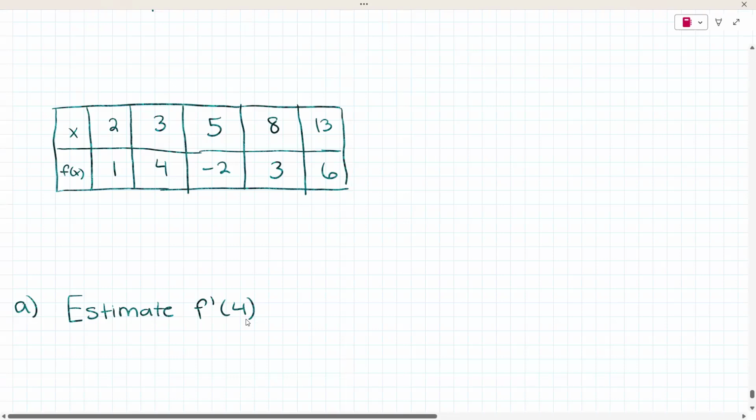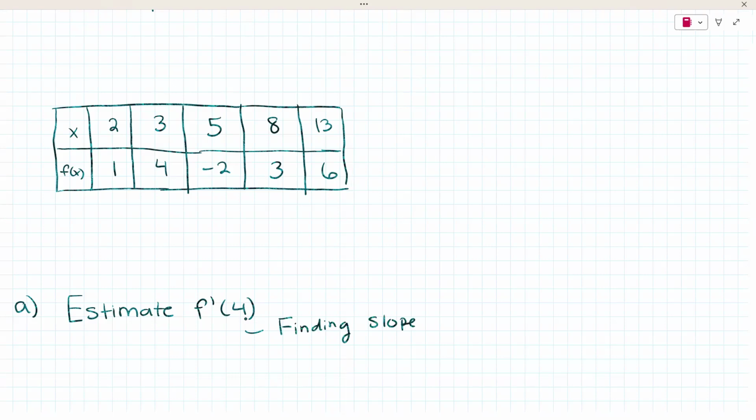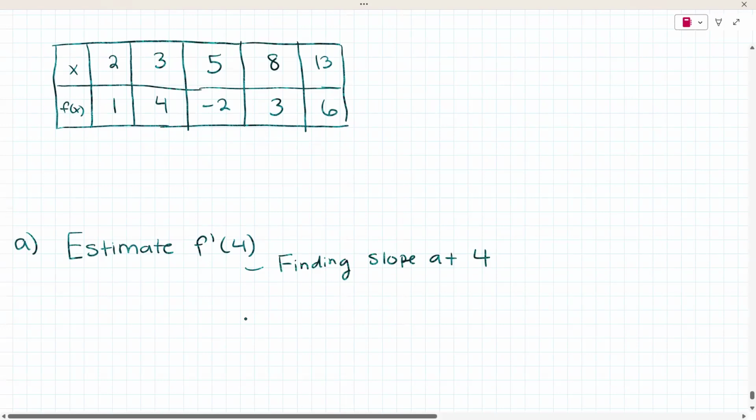So how do we estimate? Well, what is a derivative? It's the slope at 4, right? So f prime of 4 is basically finding the slope at 4. So here, I'll show you.